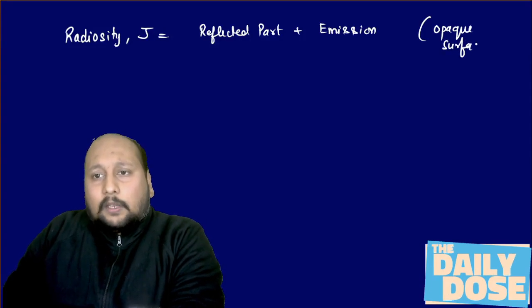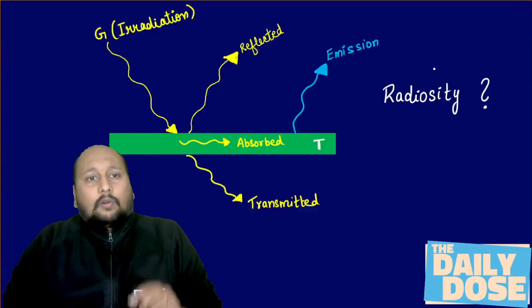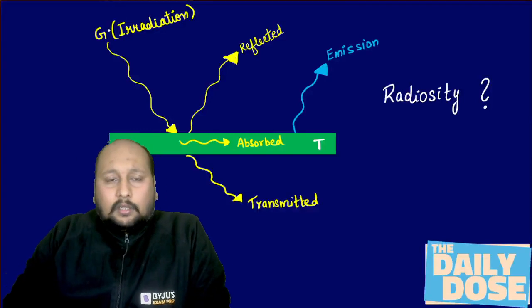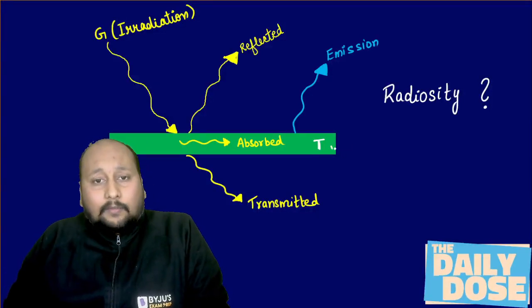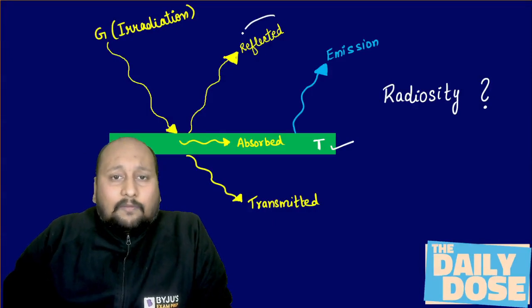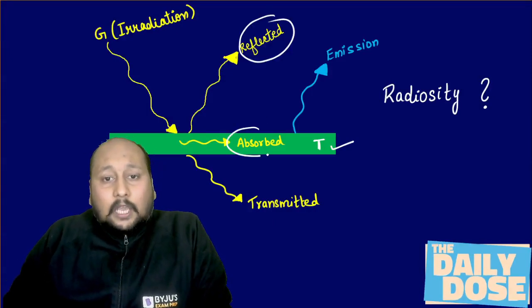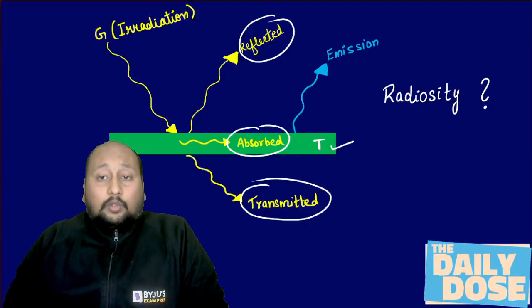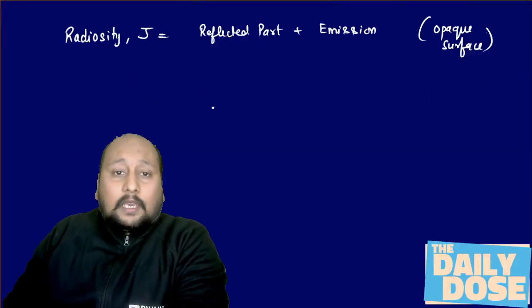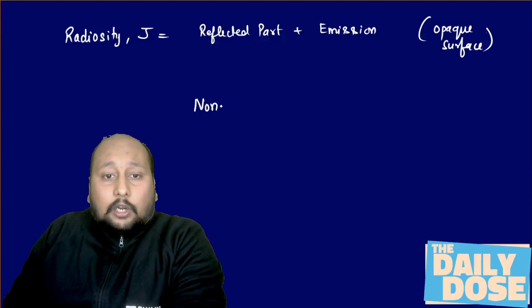But in this particular diagram, if you closely look, there is an irradiation which is coming and hitting on the surface, which is having a temperature T Kelvin. So some portion is being reflected, some portion is being absorbed, and some portion is being transmitted, right? So definitely in this particular case, I'm dealing with a non-opaque surface.